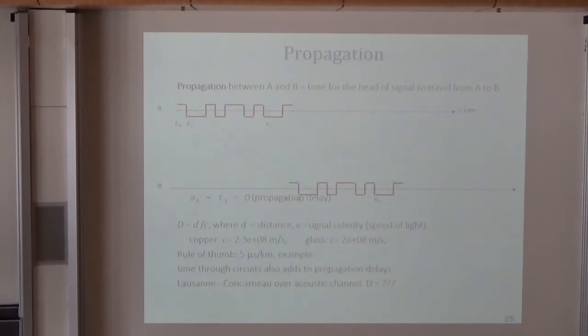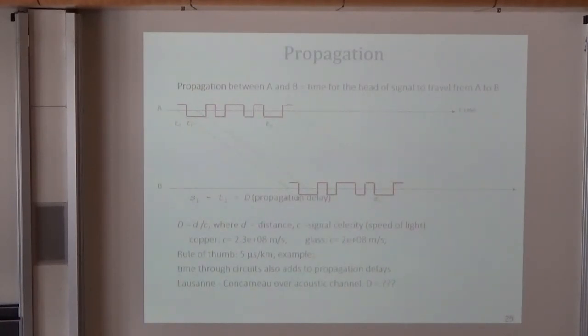But regardless of that, there is a propagation delay, which is the time it takes for the front of the wave to go from source to destination, right? So the propagation delay is given by the speed of light or the speed of the electromagnetic wave that depends only on the medium that we're going through.